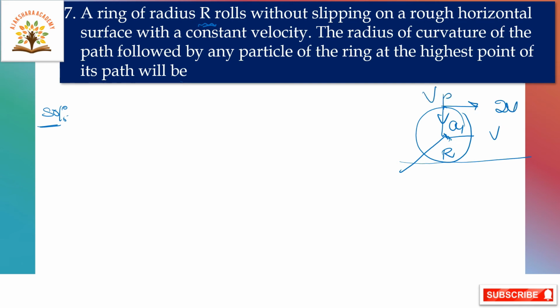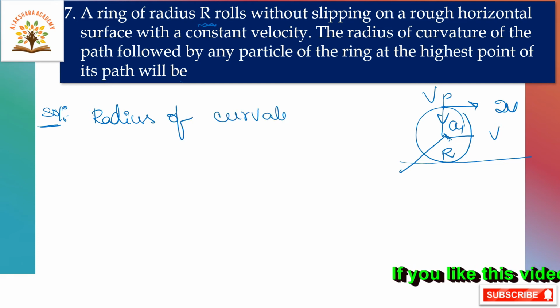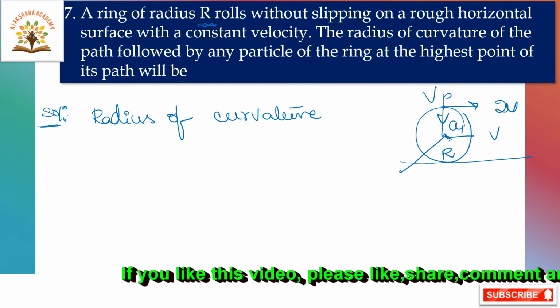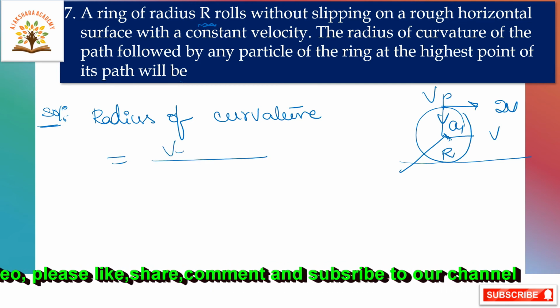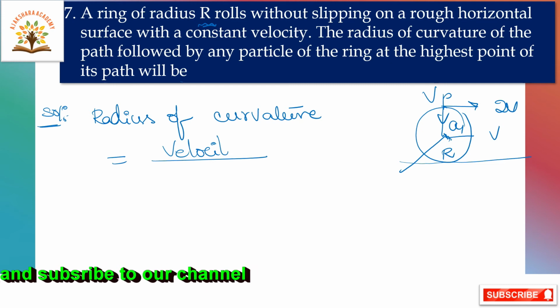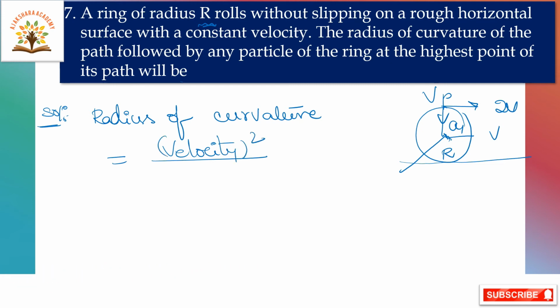The radius of curvature is equal to the square of the velocity, that is velocity whole square, divided by the perpendicular acceleration.